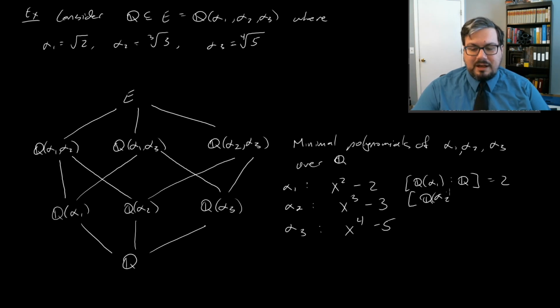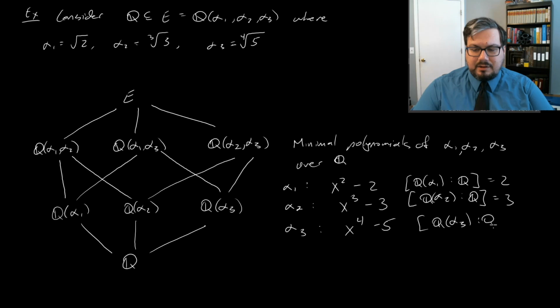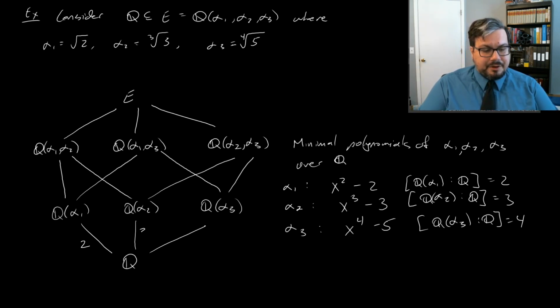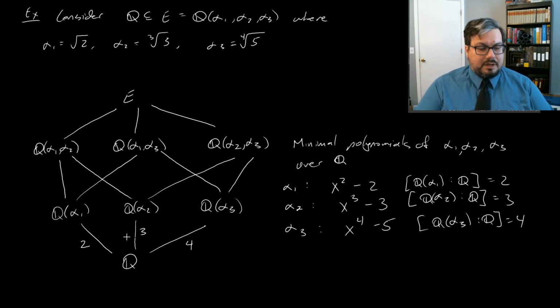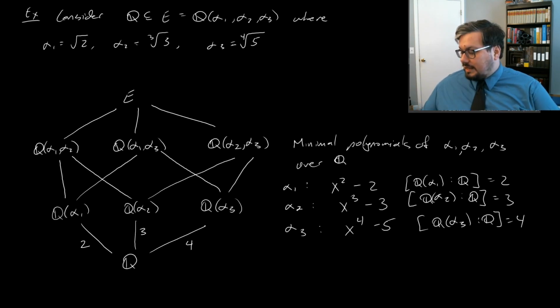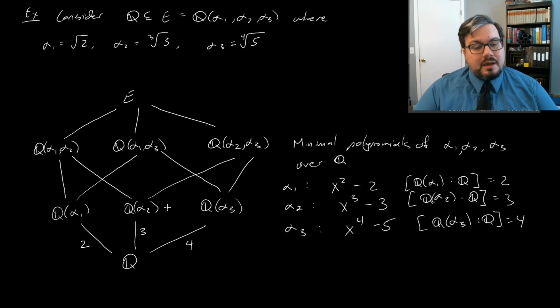The degree of Q alpha 2 over Q is equal to 3, and the degree of Q alpha 3 over Q is equal to 4. So we can fill in those three degrees right here.